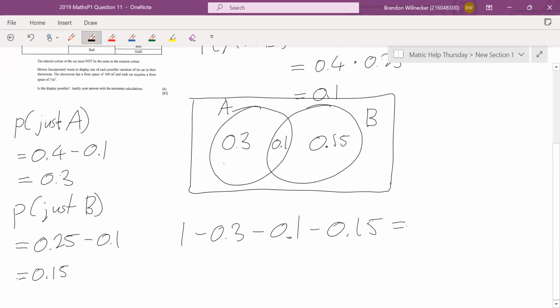It's everything else not included in the circles. And that will be 0.45. We need to add that outside here so that the sum is equal to 1. Please do not forget to include this extra term on the outside. Okay, everything has to add up to 1.